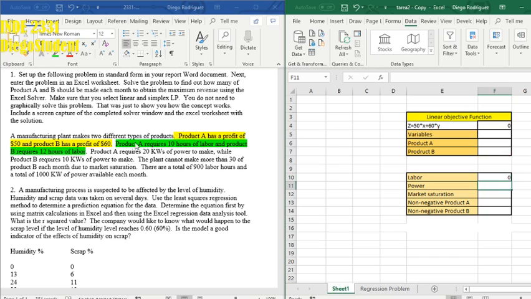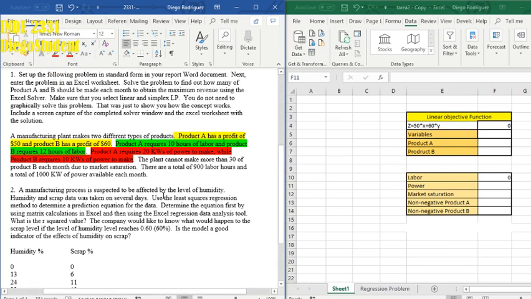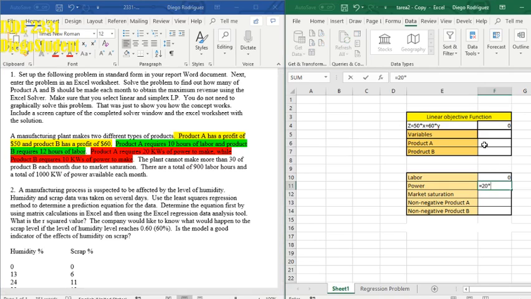Okay, then it says product A requires 20 kilowatts of power and product B requires 10. We're gonna do the same thing, equal 20 times product A plus 10 times product B. Enter.